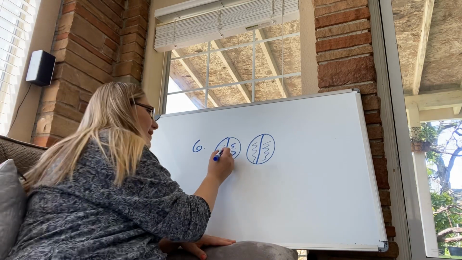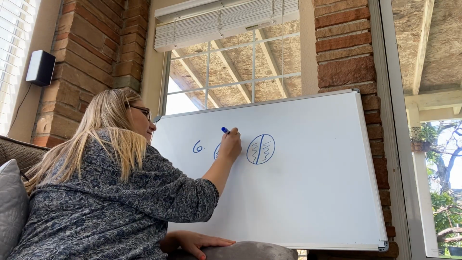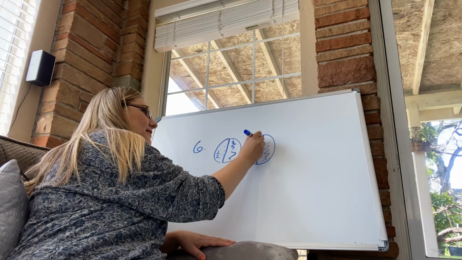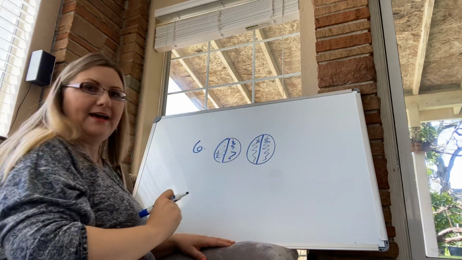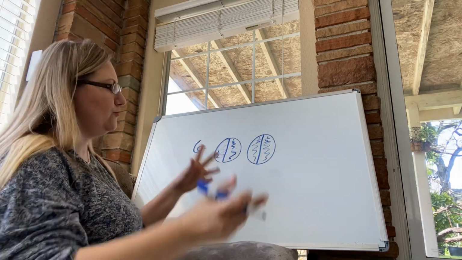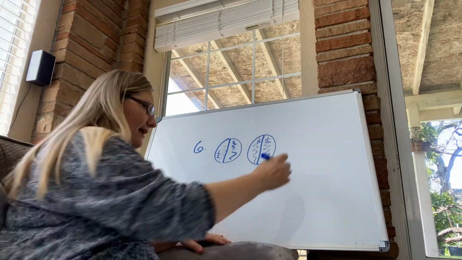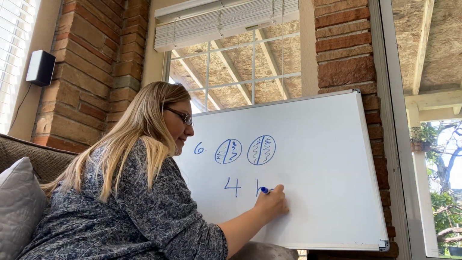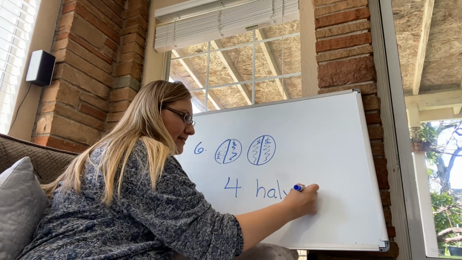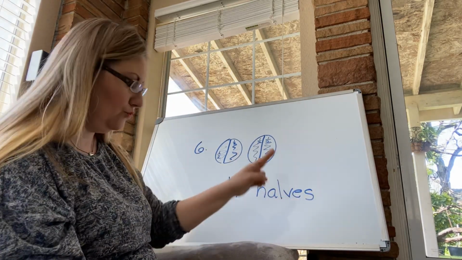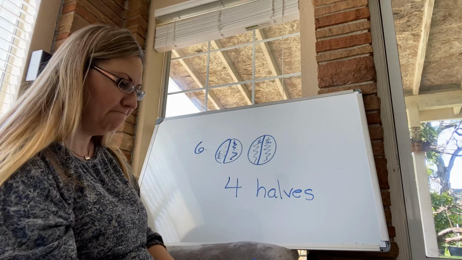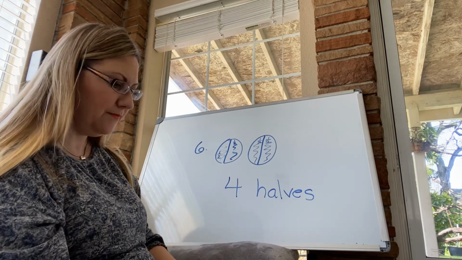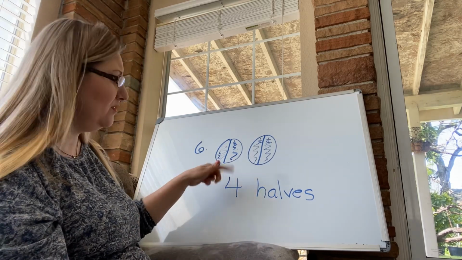Well, this half makes part of it. This half makes part of it. Here's a half. Here's another half. I just wrote a half on each one. How many did it take? 4 halves, H-A-L-V-E-S, make 2 wholes. Okay, so the question was, 4 halves make how many wholes?